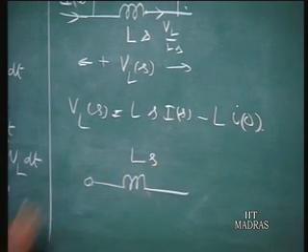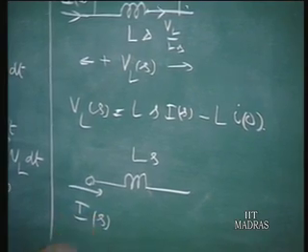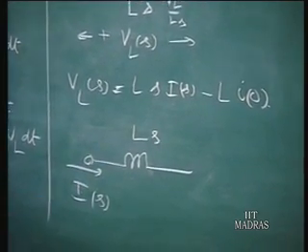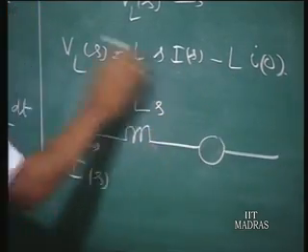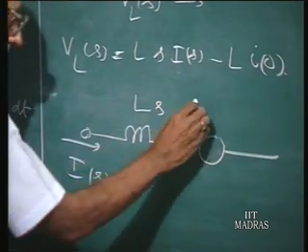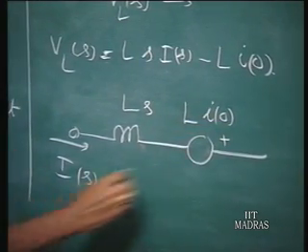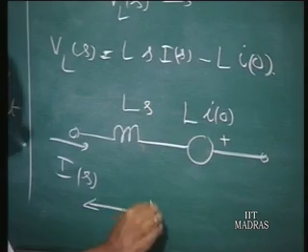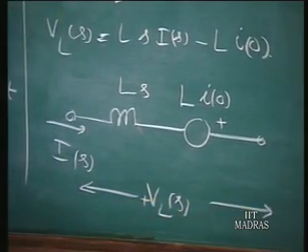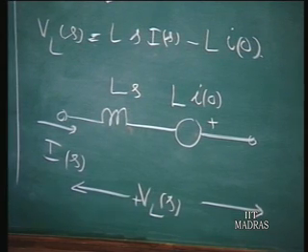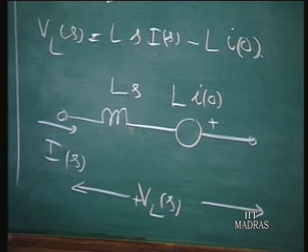Ls is the generalized impedance, you have a current I(s), so that develops a voltage Ls times I(s). In addition, you have another voltage which is independent of I(s), therefore we can think of this as a voltage source L I0 with this polarity. So the total voltage then is VL(s), which is I(s) passing through Ls, generating a voltage Ls times I(s), minus L I0. That's what we are having.